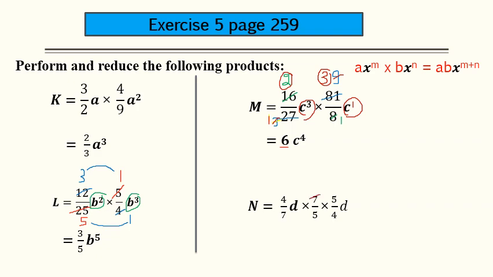Simplify by 7. We can still simplify by 5. And also by 4, since it's just a multiplication. And there's 4 in the numerator and denominator. What do we still have here? d times d. It's d squared, or d to the power 2. Okay?